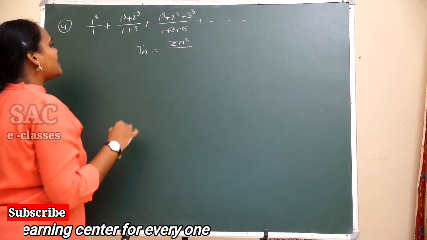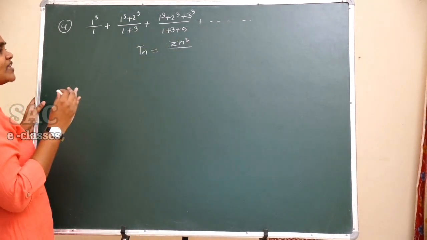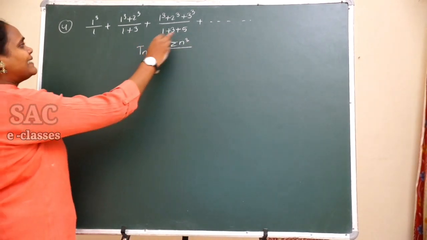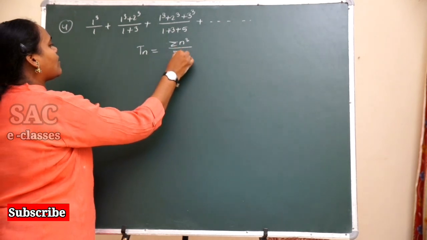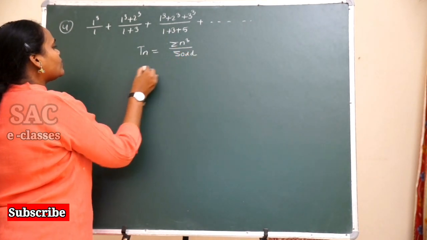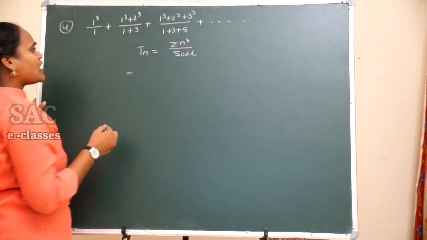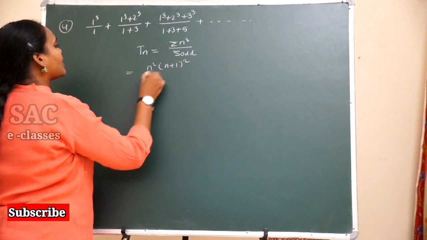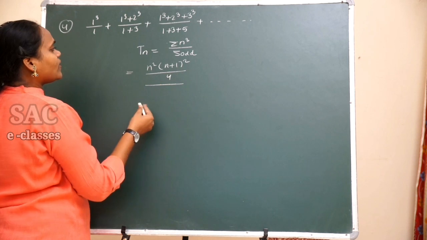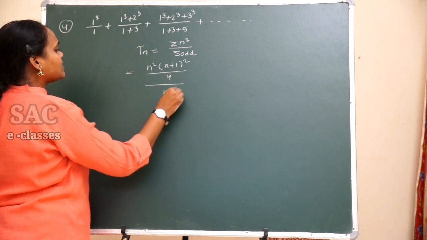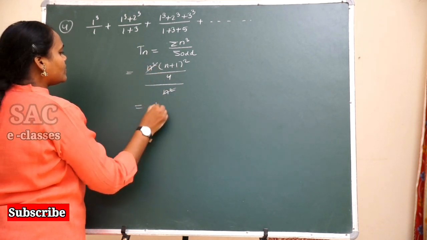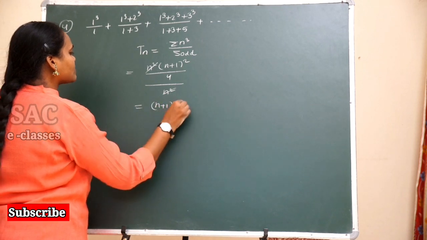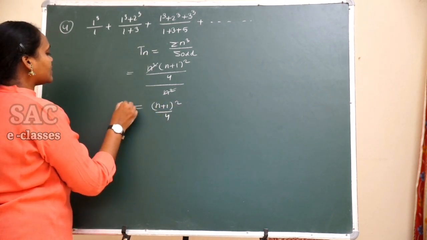Denominator is the sum of the odd natural numbers. You know the sigma of the cubes formula is n square into n plus 1 whole square by 4. Sigma of odd natural numbers is n square. So n plus 1 whole square by 4 is the nth term.